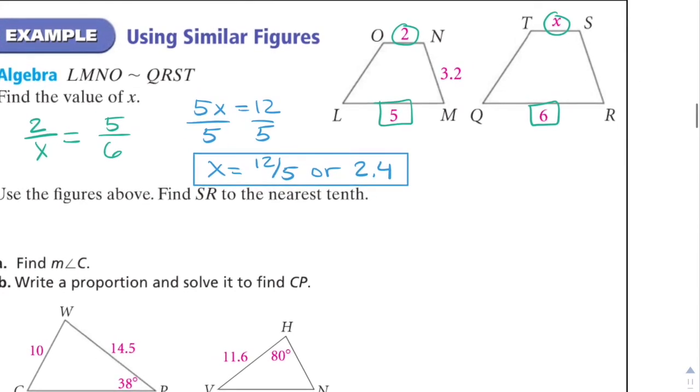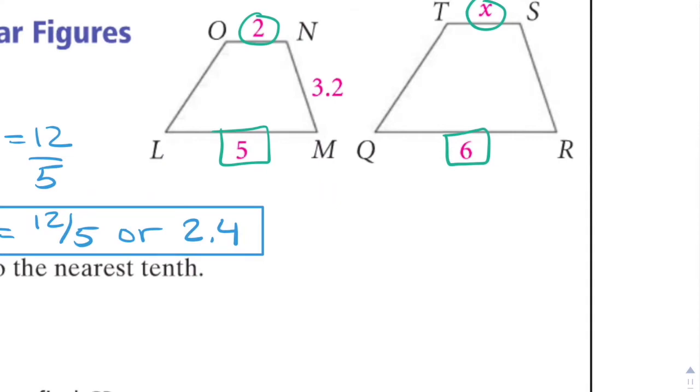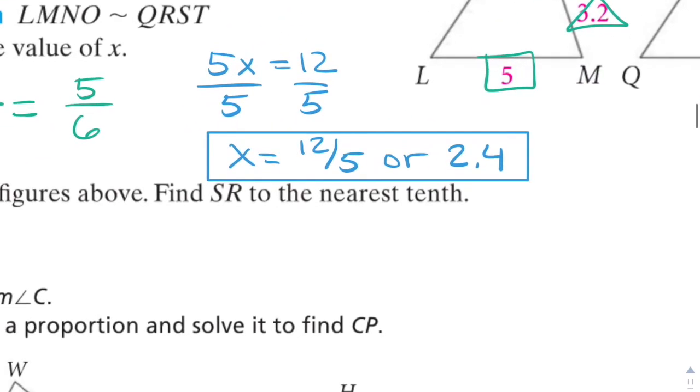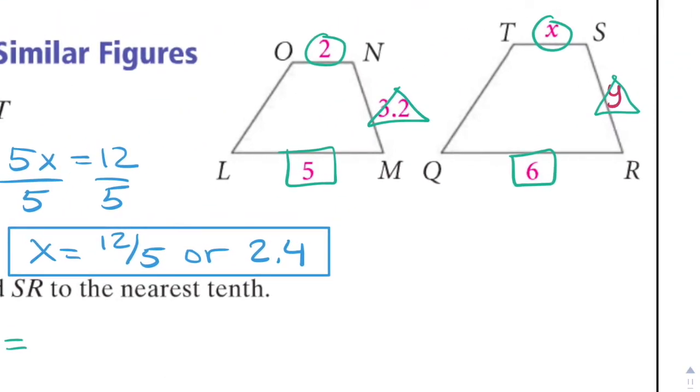All right, so now it wants us to find SR. Well, let's just use what we already know. Here, let's put in a new variable. Let's call it Y. We can call it whatever we want. But I'm going to say that this 3.2 is proportional to Y. So I'm going to say 3.2 is to Y as, now I can use either 2 and X, or I can use 5 and 6.